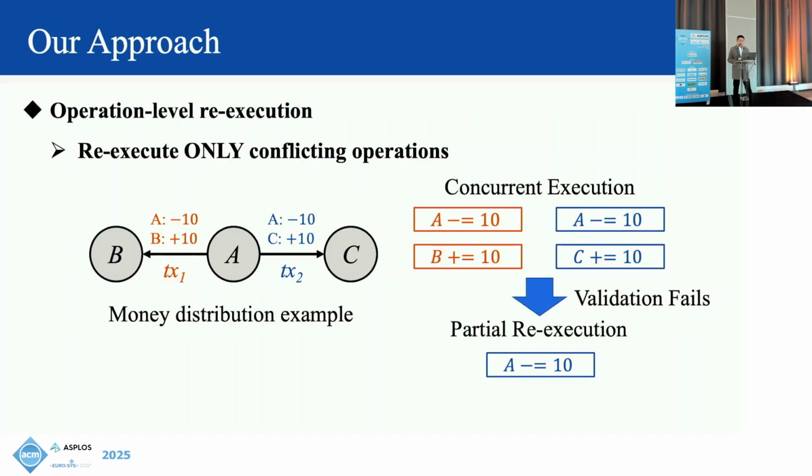When transaction 2 fails validation because of a conflict on A's balance, we only need to re-execute the operation that updates A's balance in transaction 2, while the update to C's balance remains correct and does not need any rollback. This fine-grained strategy allows us to retain as much parallelism as possible while still preserving correctness through our partial re-execution.